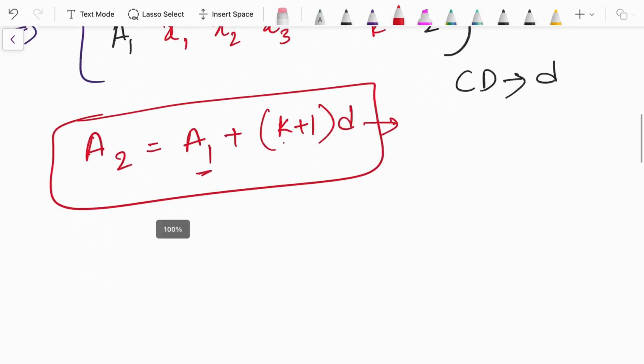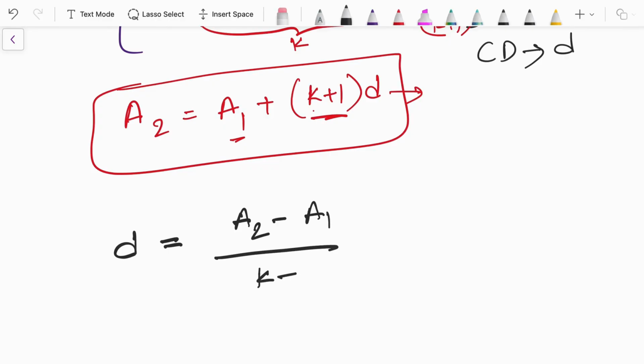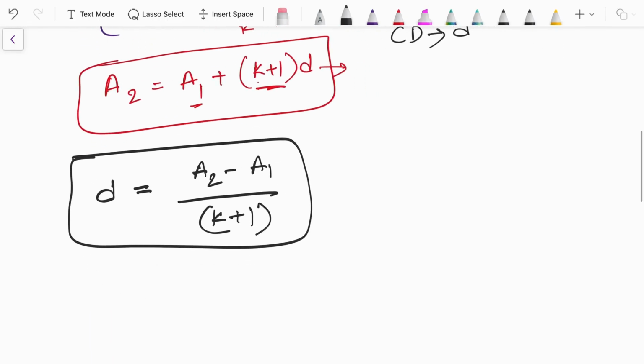From this formula, we can rearrange it as D is equal to (A2 minus A1) divided by (k plus 1). From this formula, we can state that D always divides A2 minus A1, as we are only dealing with integers.